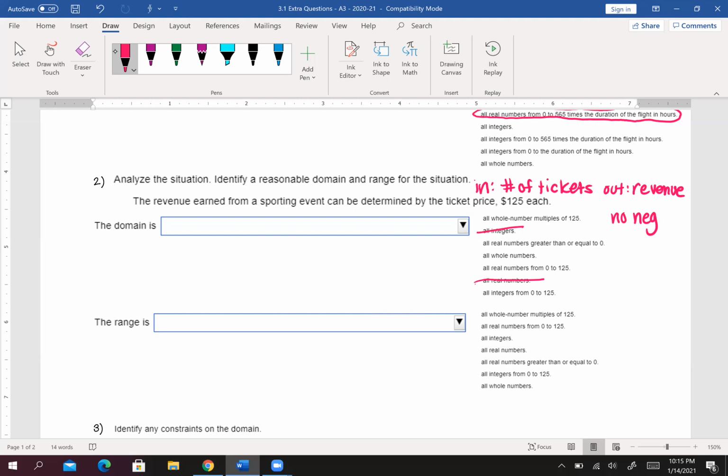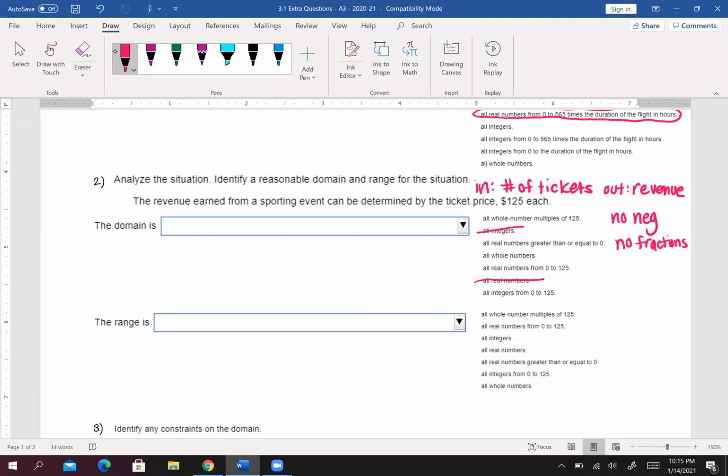So are fractions possible? If we're plugging in number of tickets, unlike time, you cannot have a fraction of a ticket. So this is one where we can't have negatives, but we also can't have fractions. So let's go through all whole number multiples. That's okay so far. All real numbers.